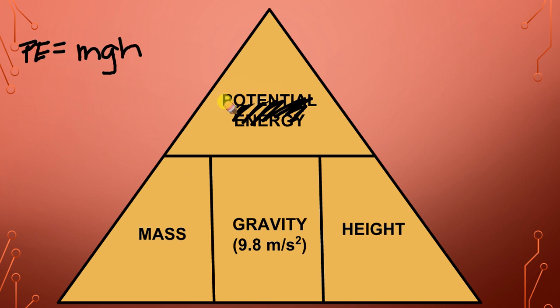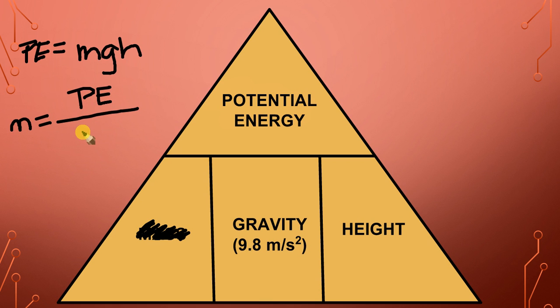If I tried to solve for a different thing, if I tried to solve for mass, I cover up mass, and I'm going to find out that mass equals potential energy divided by g times h. Right here I draw that line because I see a line. Potential energy divided by g times h.